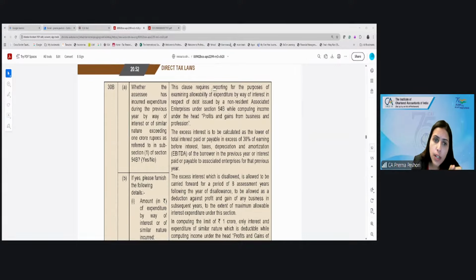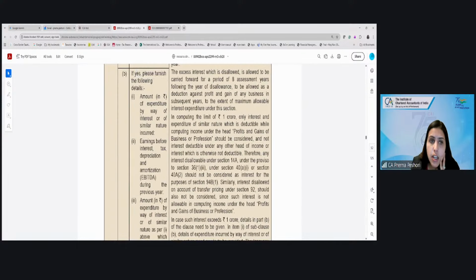Yes, 92C you will complete in the transfer pricing class. Okay. Then 30B is whether the assessee has incurred expenditure during the previous year by way of interest or similar nature exceeding rupees 1 crore as referred to in section 94B.